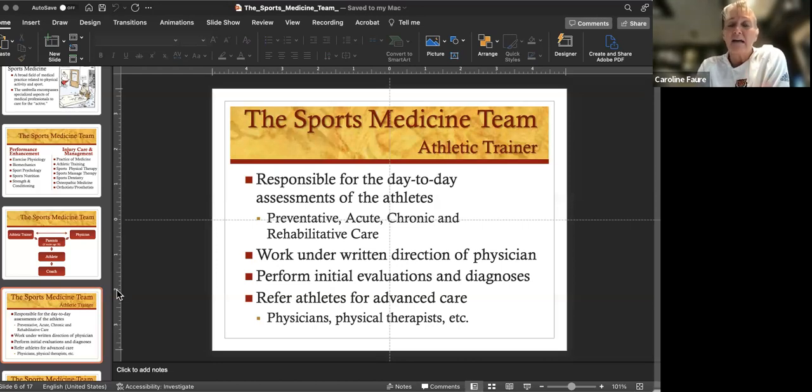But once we pass all of those national board exams and license with our state, we still have to have a directing physician who helps guide us on what he or she may want us to do in the setting, what those protocols are, what we can do, what we can't do, when the physician wants to see the athlete, when the athletic trainer is comfortable taking the athlete from start to finish. So those types of things.